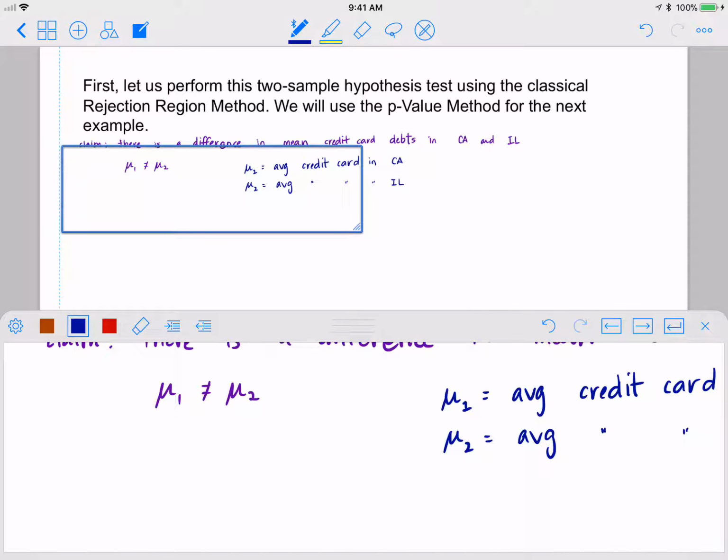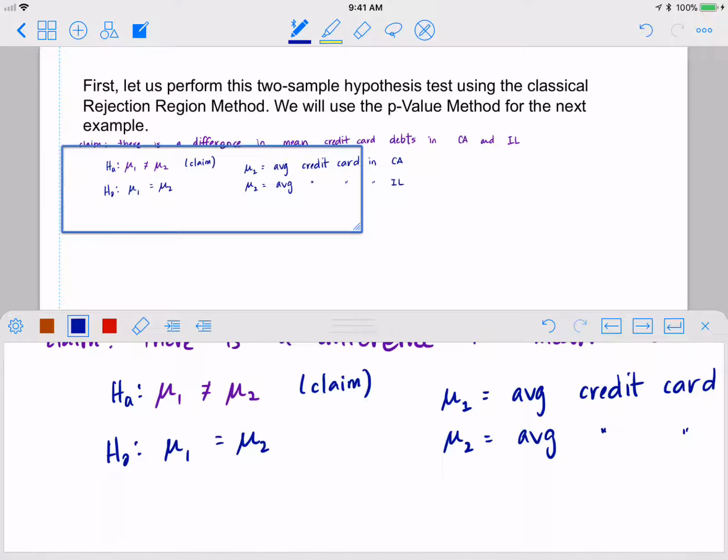We write the complement of this statement, which is that mu1 is equal to mu2. The top one is our claim. We figure out which is our null hypothesis: it's the statement with the equal sign. The other statement has to be our alternative hypothesis.